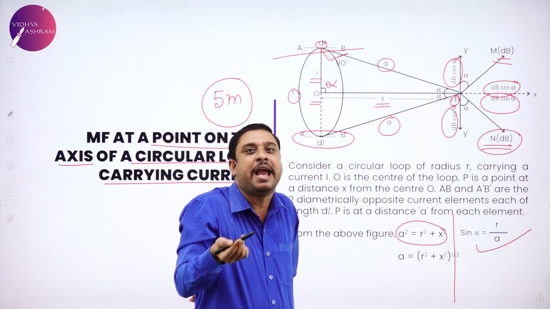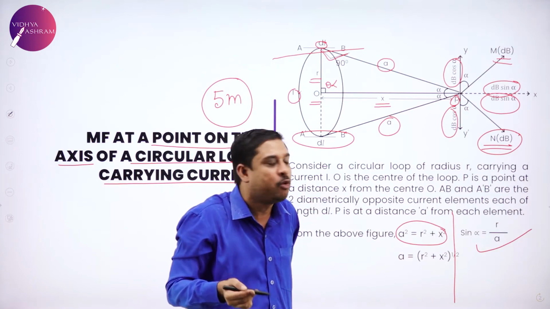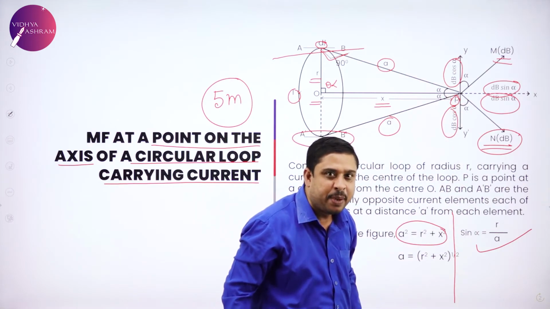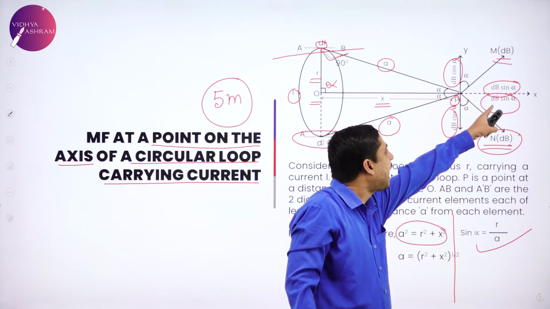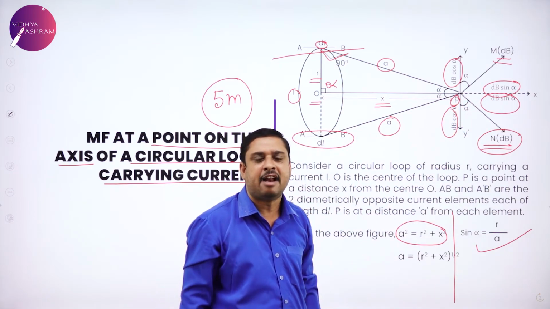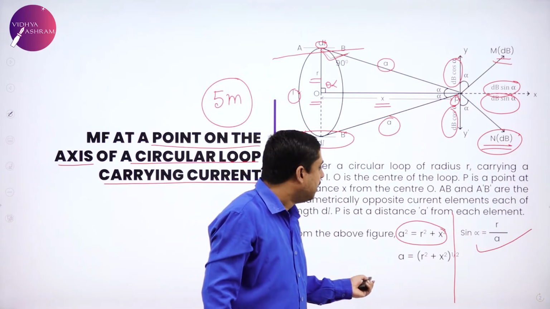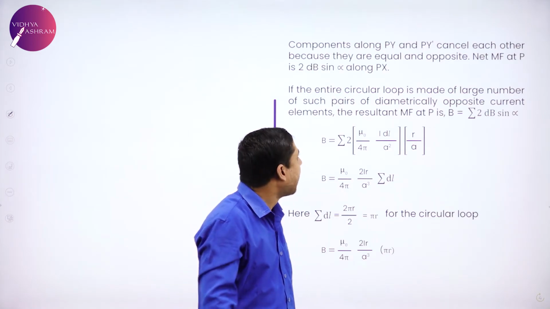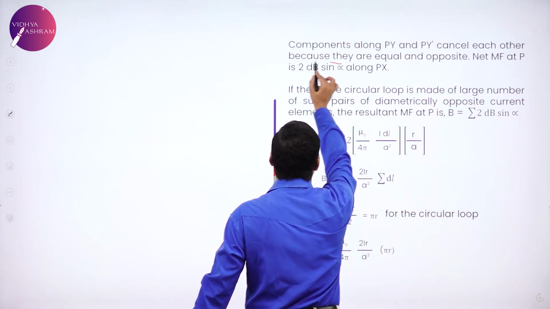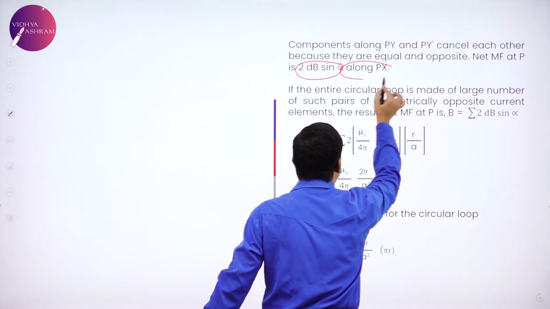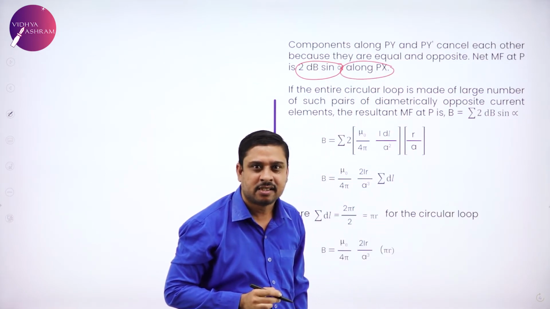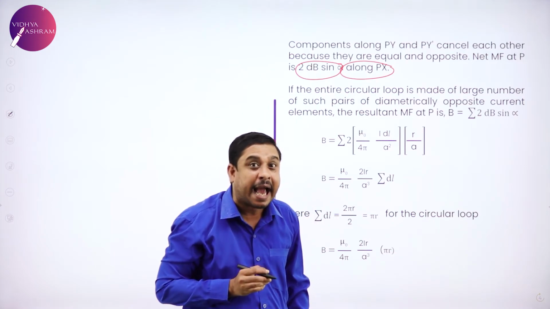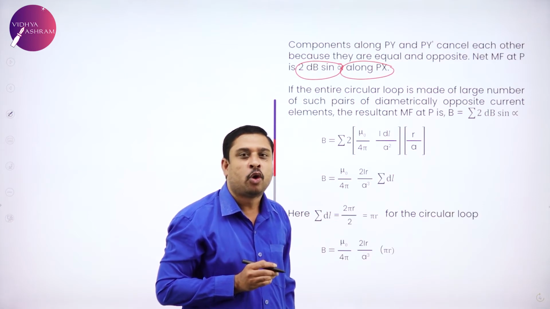So what is the remaining magnetic field? Or in other words, what is the net magnetic field at P? dB sin alpha plus dB sin alpha. So the net magnetic field at P is 2 dB sin alpha, which is acting along Px. dB cos alpha, dB cos alpha cancelled. What remained?